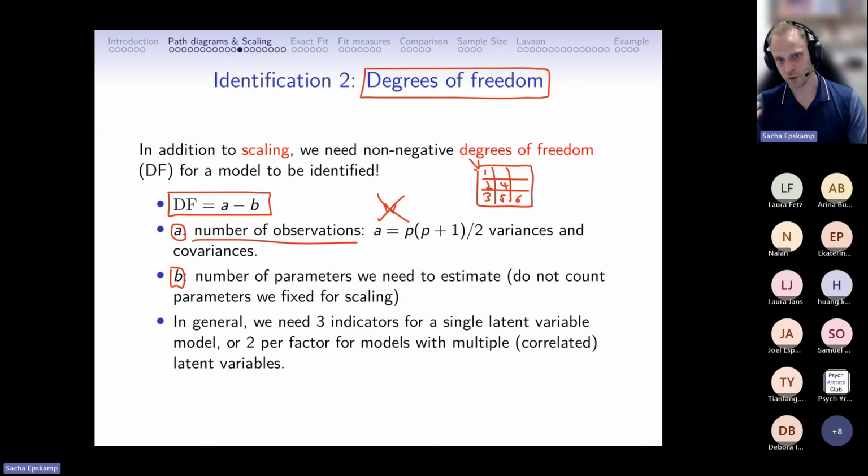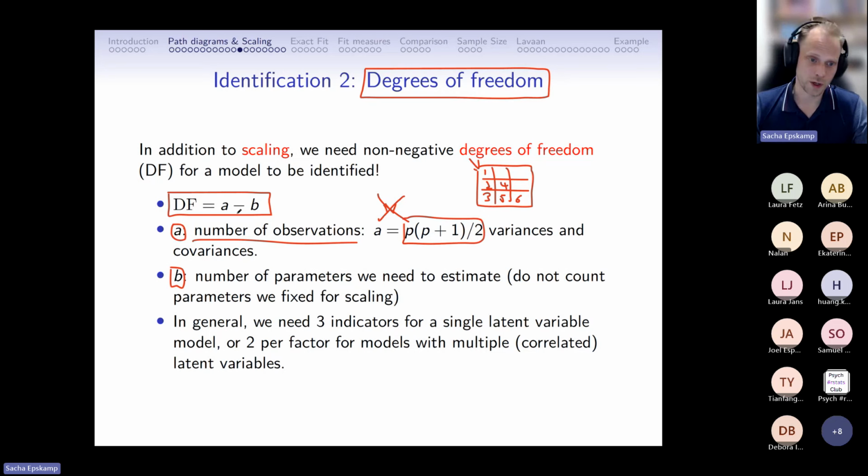So with 3 variables, we would have a variance of variable 1, variance of variable 2, variance of variable 3, a covariance between variable 1 and 2, a covariance between variable 1 and 3, and a covariance between variable 2 and 3, which is this expression here, how you can calculate that.